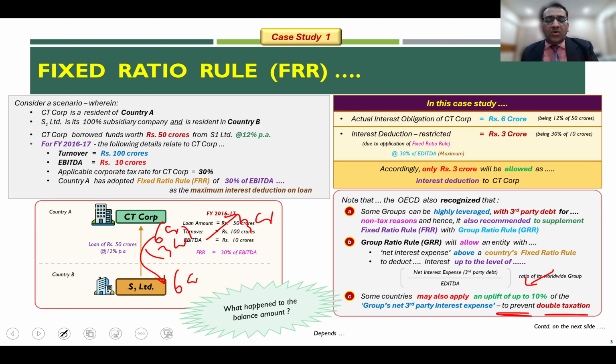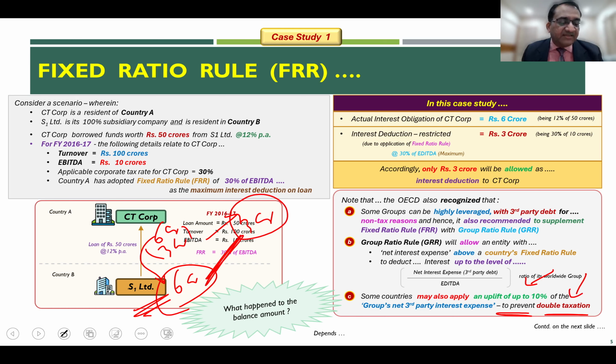Now, this 6 crore will come to S1 here. So why is the uplift given? Because you are paying full taxes here, but your deduction is only 3 crore. So, to partially compensate, there is a double taxation here, because both sides are not equal. At one end, you are incurring expense, and on the other end, the same expense becomes income from a group perspective in some other jurisdiction.